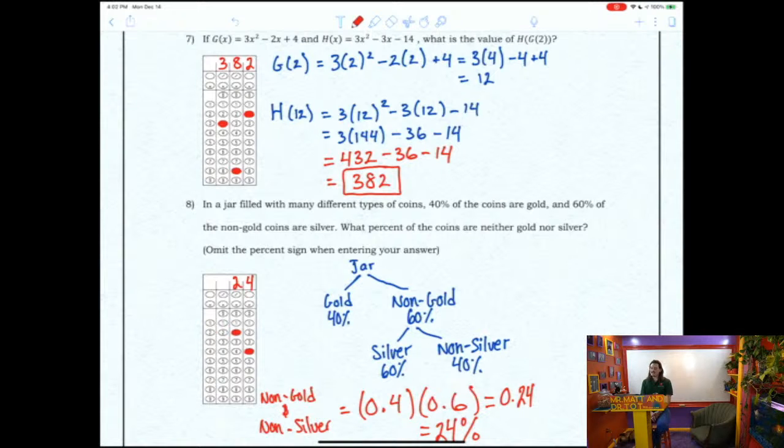For number 8, this is a really typical advanced percentage problem, and they use these types of missing parts of the whole, especially when you're talking about bifurcated problems or problems that have bifurcated context. And bifurcated means split into 2 parts. So you're either this or that.